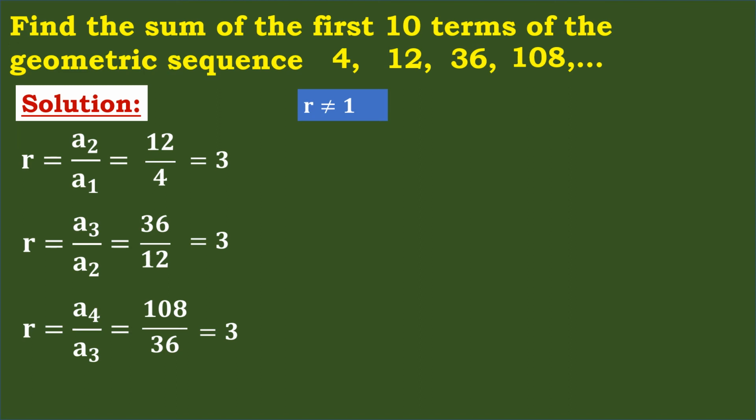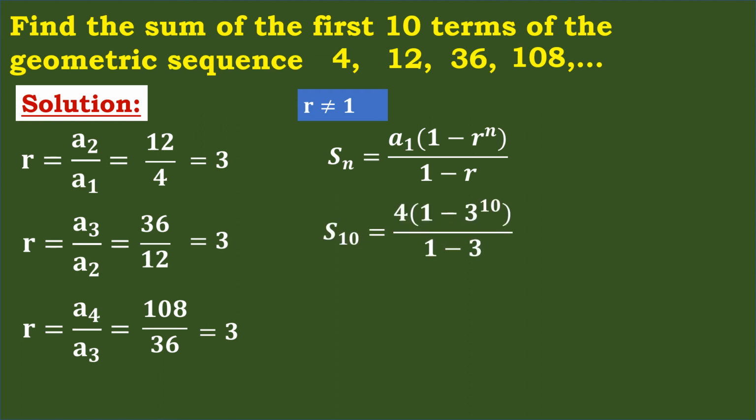So, gagamitin natin yung formula na binigay. S of n is equal to the first term times 1 minus the common ratio raised to the number of terms, divided by 1 minus the common ratio. We are looking for the sum of the first 10 terms. So, a sub 1 is 4 times 1 minus, ang common ratio ay 3 raised to, ano yung hinahanap nating number of terms? 10, raised to 10, divided by 1 minus 3.